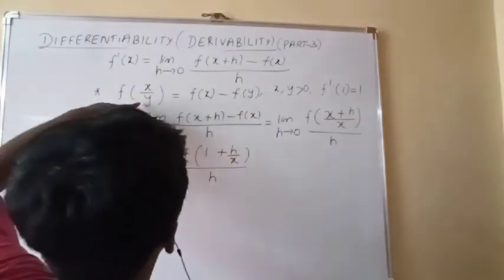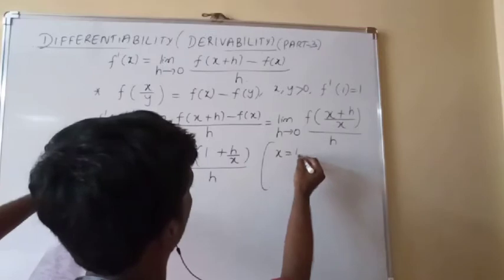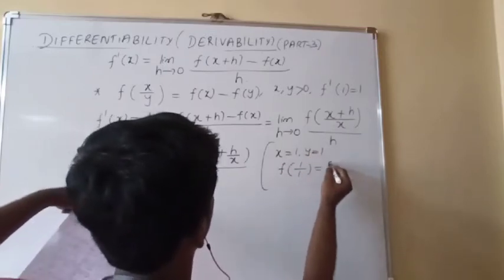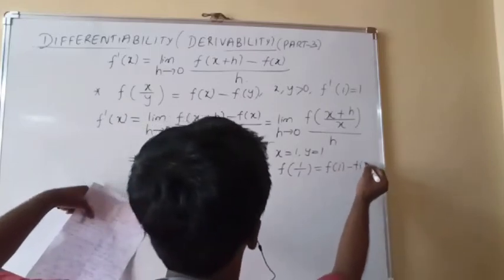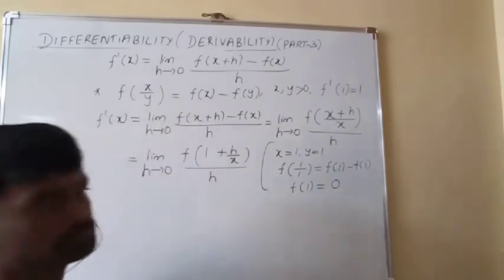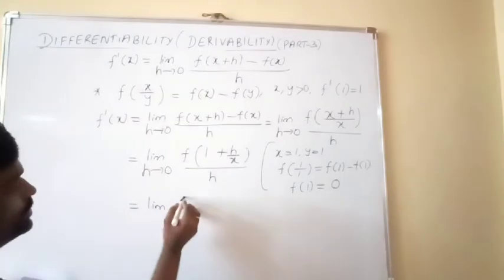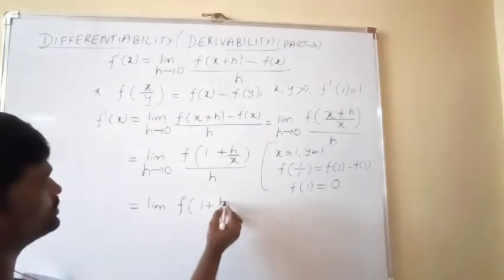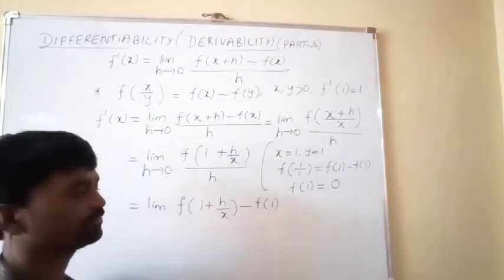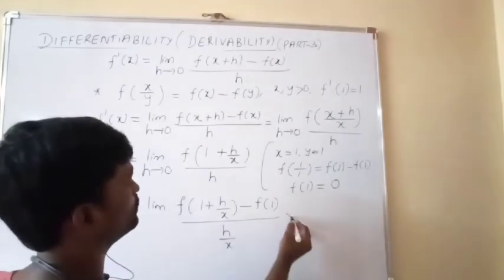Now if you put in the given condition x is equal to 1, y is equal to 1, what will you get? F of 1 by 1 is equal to f of 1 minus f of 1. F of 1 by 1 is f of 1, which is 0. So further this can be rearranged in the numerator like this, f of 1 plus h by x minus f of 1, because f of 1 value anyway is 0, divided by h by x into 1 by x.